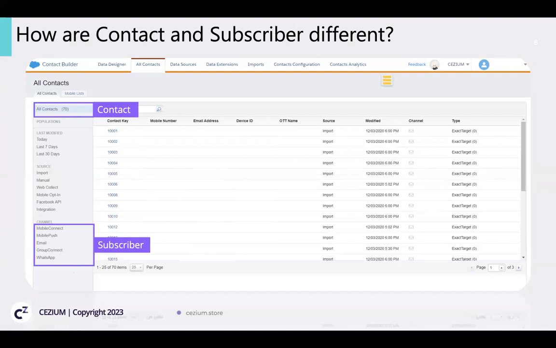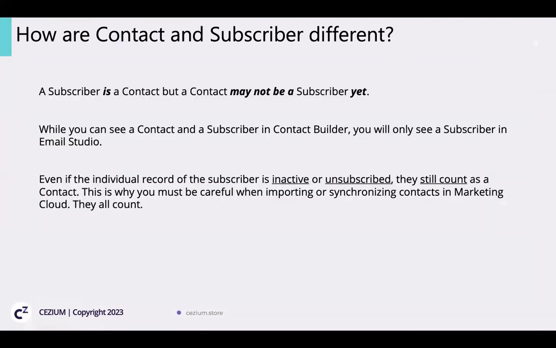An individual can be a subscriber on multiple channels, but still it's the same contact. Well, you can see here that you have mobile lists that are just separate. To be honest, the way mobiles are managed in Salesforce Marketing Cloud is really not optimal. I think you have a session about that.